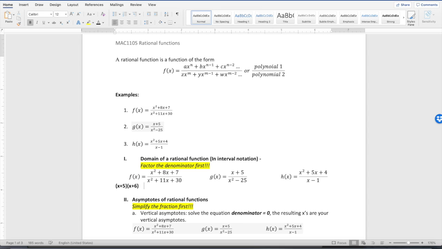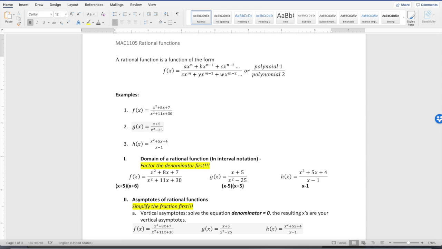This is the difference of squares. x squared is x times x, and 25 is 5 times 5. So this will factor into x minus 5 and x plus 5. And then this last denominator is a binomial of first degree, and it's not factorable. So I'm just going to rewrite it as is without factoring it because you can't.